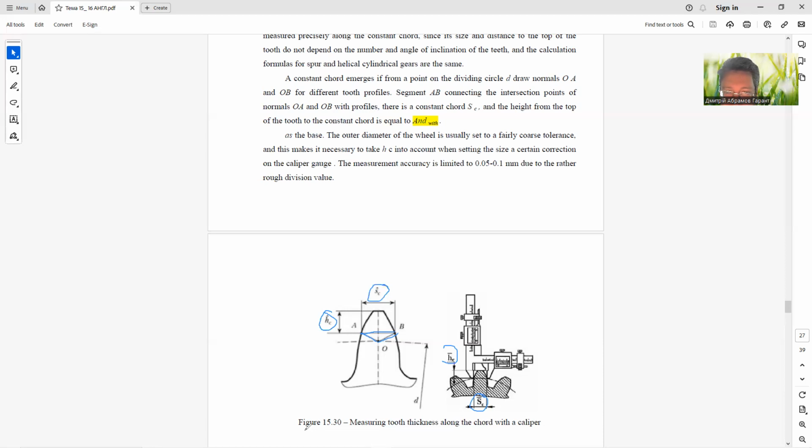The measurement accuracy is limited to 0.05 to 0.1 millimeters due to the rather coarse division value.